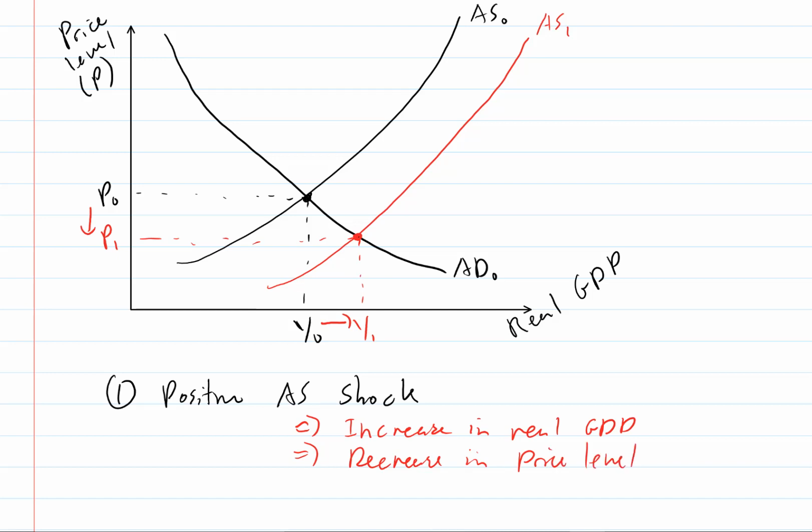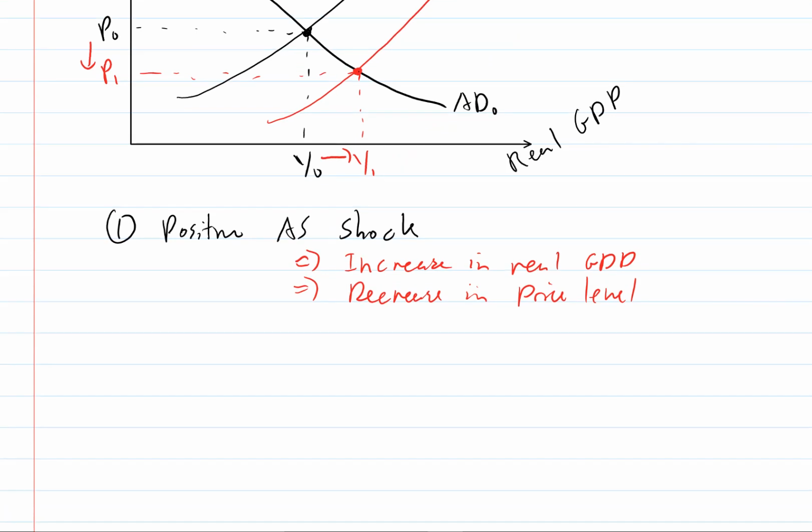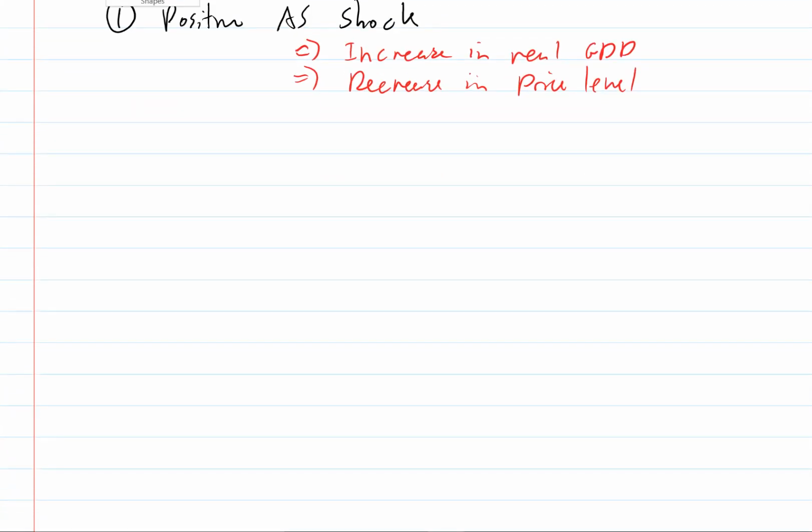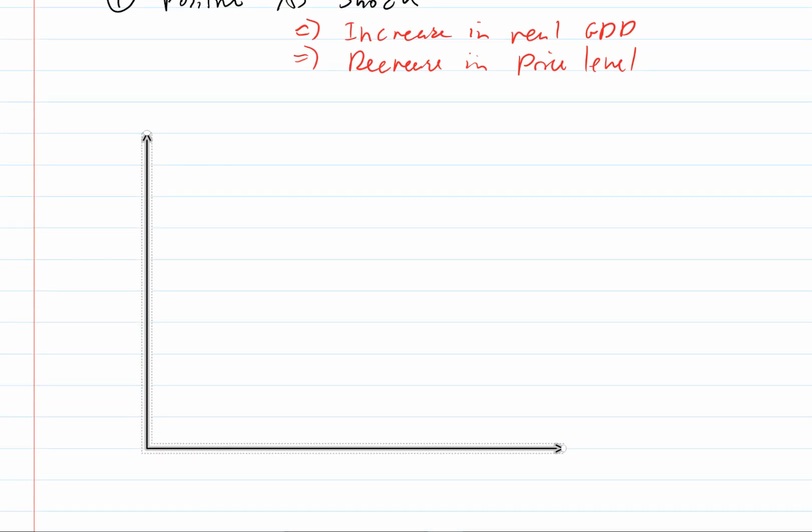Now we can perform a similar analysis when there is a negative aggregate supply shock. So let's just scroll down. We'll get our axes set up again. Again, on the y-axis we have the price level, on the x-axis we have real GDP.